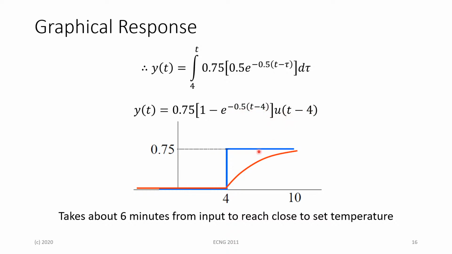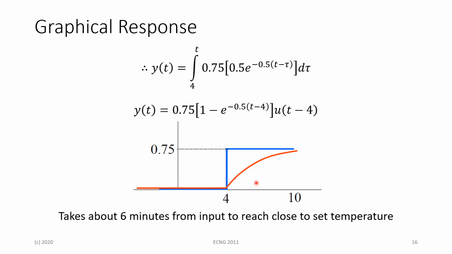The u of t minus 4 basically means that's where the unit step actually starts. Basically, if we plot this entire y of t equation and look at the response, until it reaches a value of 0.75, it will take about 6 minutes to hit the set temperature, which was asked in the question.